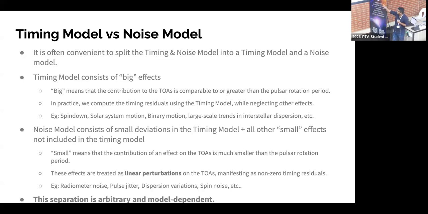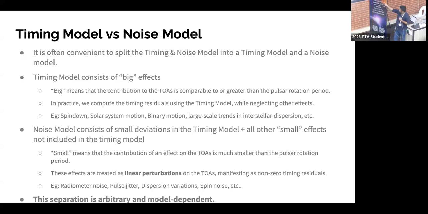So the advantage here is that if we do this splitting carefully and correctly and accurately, then we don't have to do this full analysis anymore. We can just do with a linearized version of the timing model, which is much easier to deal with computationally.